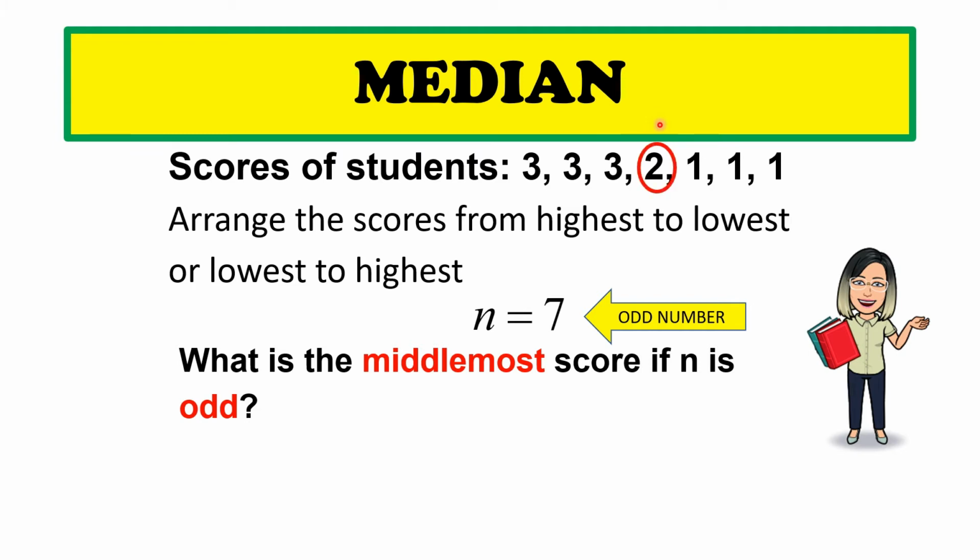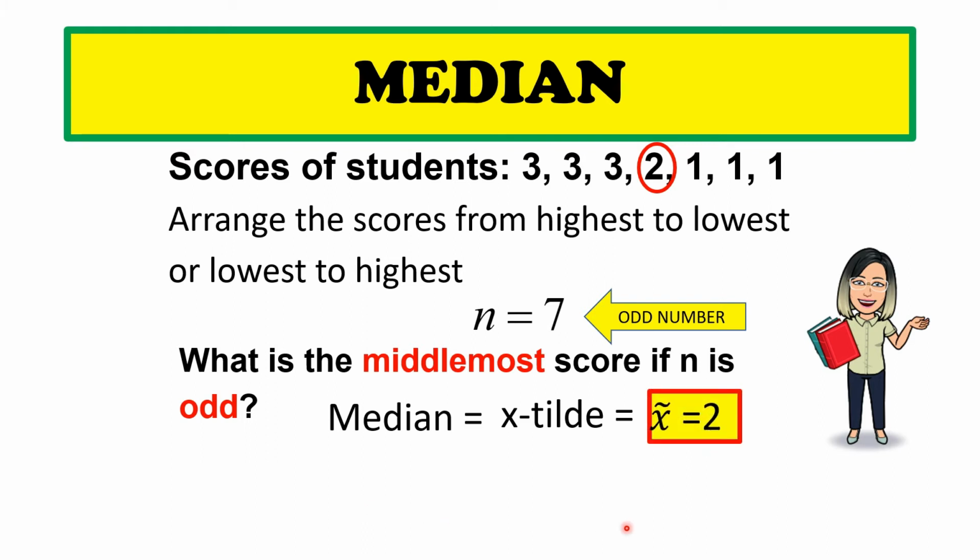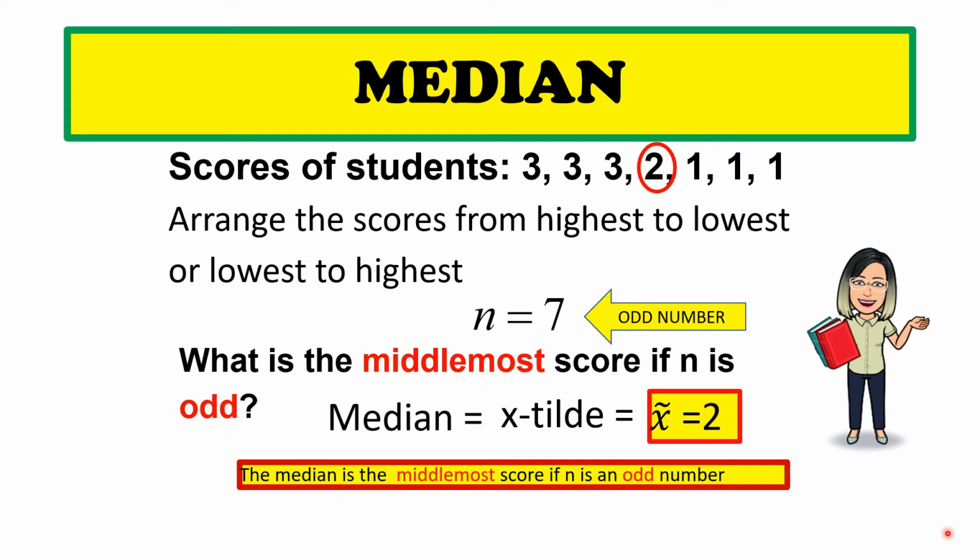If the middlemost score is 2 if n is odd, so we have the median. The median is represented as x tilde, which is equal to 2. The median is the middlemost score if n is an odd number.